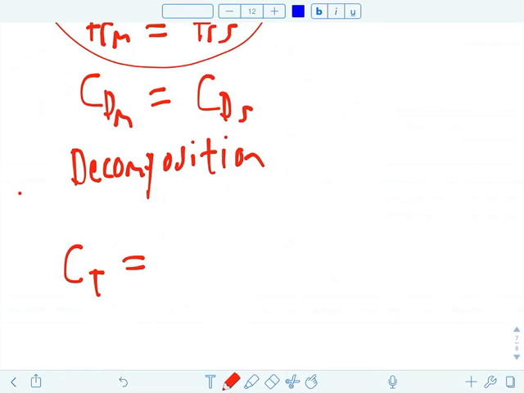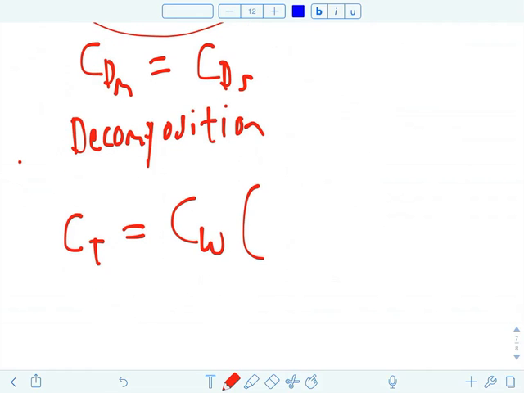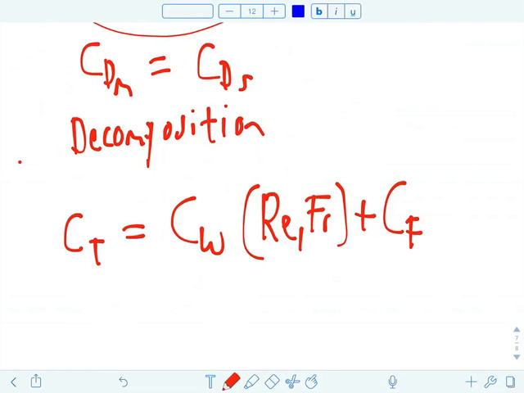One is a wave drag coefficient, which in general will be a function of Reynolds number and Froude number, plus a frictional drag coefficient, which in general is a function of Reynolds number and Froude number.